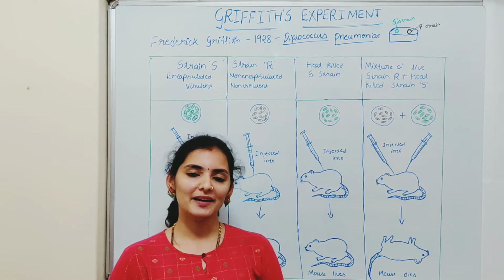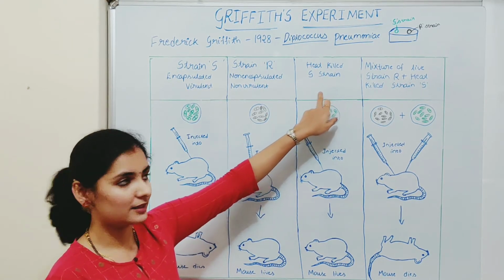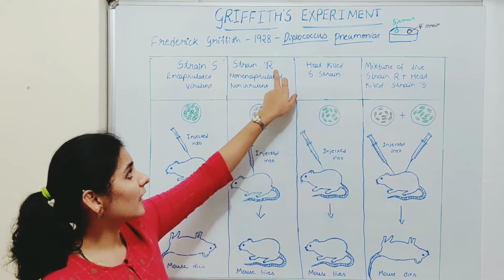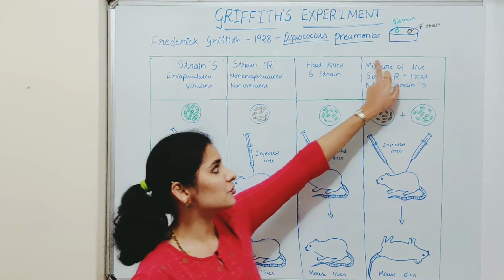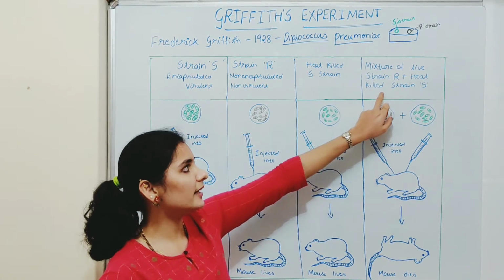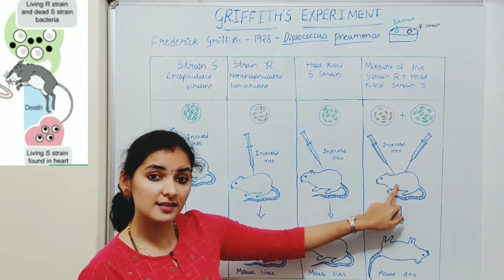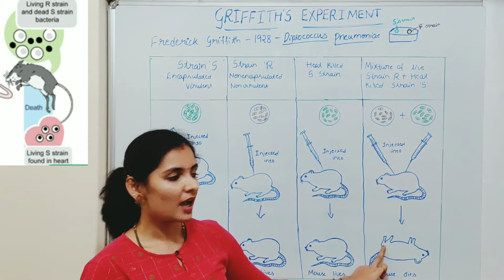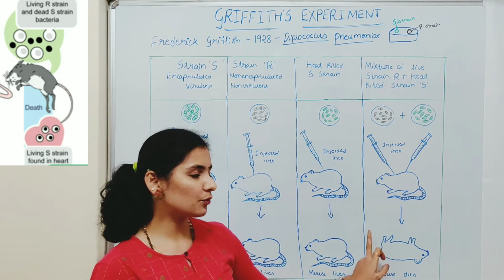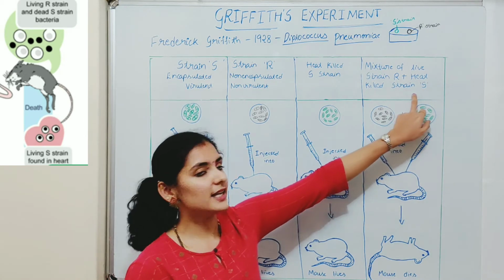In the fourth experiment, Griffith combined the second and third experiments. That is, he mixed live R strain and heat-killed S strain, and the mixture was injected into a mouse. The result was that the mouse died of pneumonia. And when he observed the blood of this dead mouse, the blood contained live S strain.